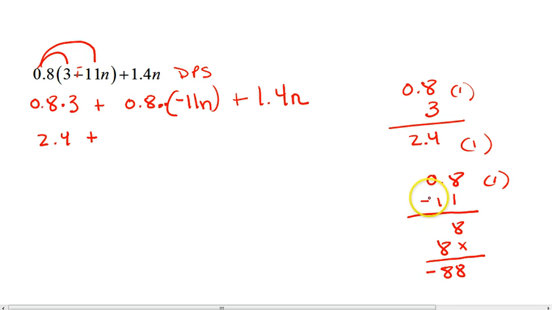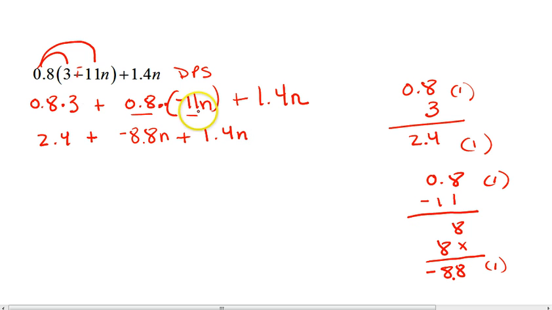It's negative because I'm multiplying a negative and a positive. I had one decimal place, so my answer has to have one decimal place. Multiplying these two would give me negative 8.8. And then don't forget the variable n, because it's plus, don't forget about this last part of the problem, 1.4n.